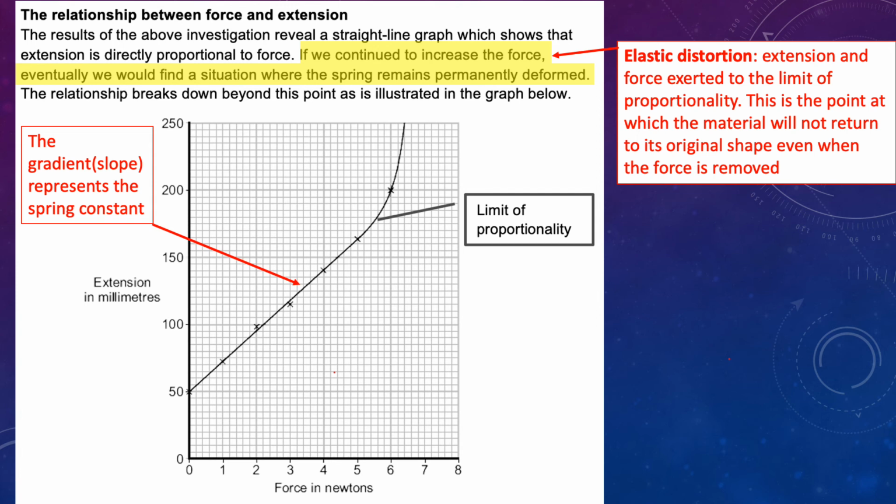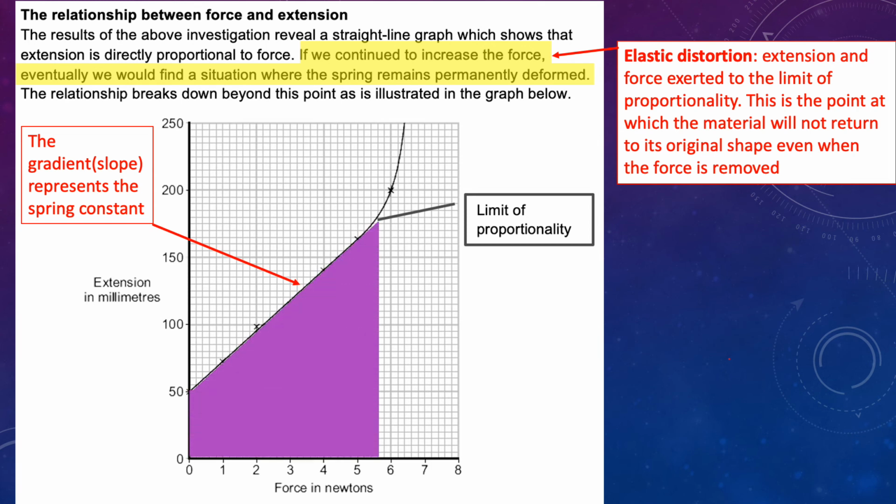Now, another thing that's important to realize here is energy, right? Because what we said previously was the energy stored in a stretched spring is elastic energy, or elastic potential energy. And you can actually find out how much energy is in this spring. The way to do that is by looking at all the energy that's stored under the graph.